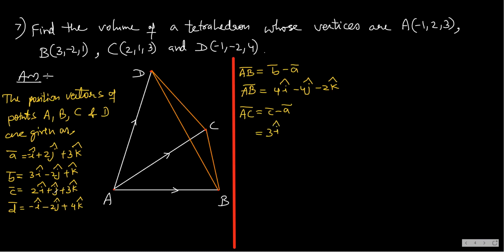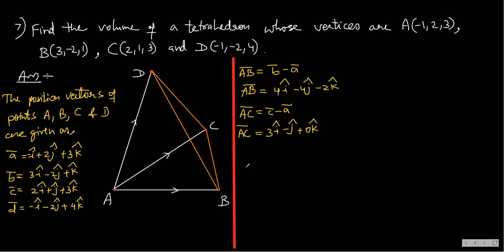Then you have J cap minus 2J cap, which is minus J cap. Then 3K cap minus 3K cap is 0K cap. Even if you don't write 0, it is okay. So you got AC bar. So you got another edge. We go for the next.